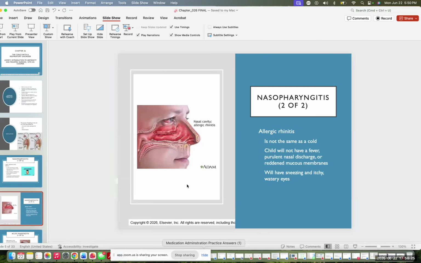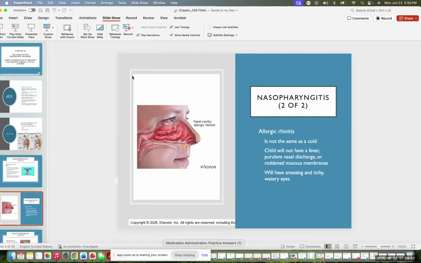So nasopharyngitis can either be a cold or it could be allergies. And sometimes those get mixed up. What are the differences between an allergy and a cold in terms of how it presents? You've had both, right?